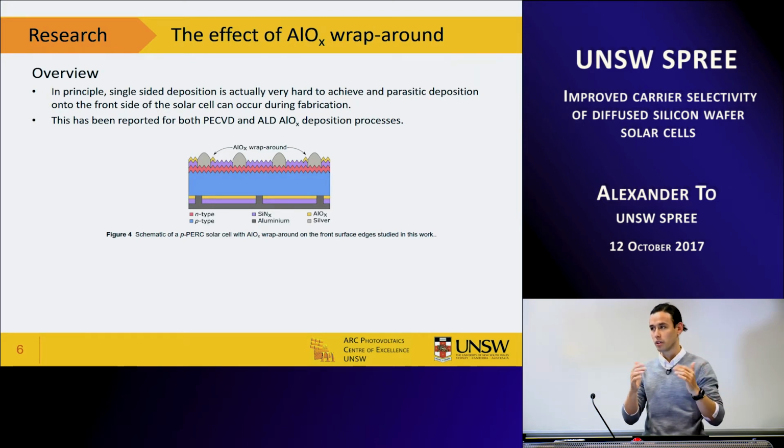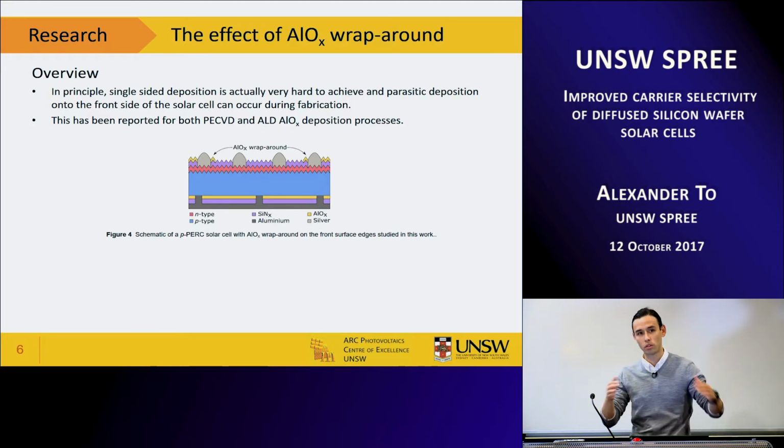And similarly with ALD depositions, it's very difficult in practice to get a truly single-sided deposition. So manufacturers were reporting that aluminium oxide was wrapping around onto the edge of the wafers. So the question really was, what's the effect of this wraparound?